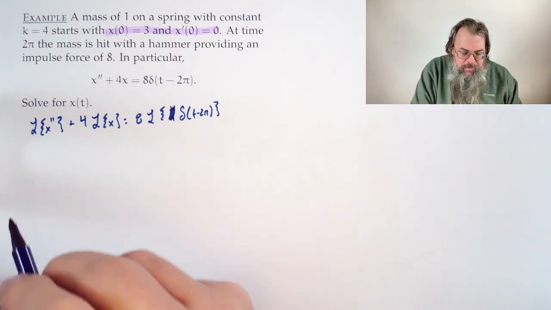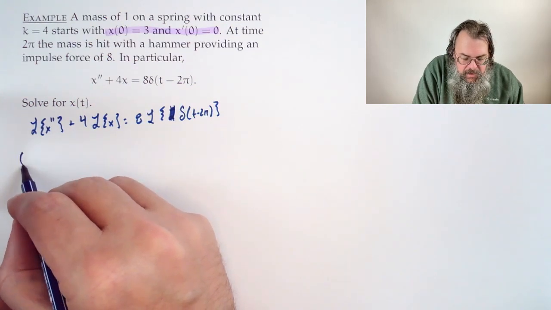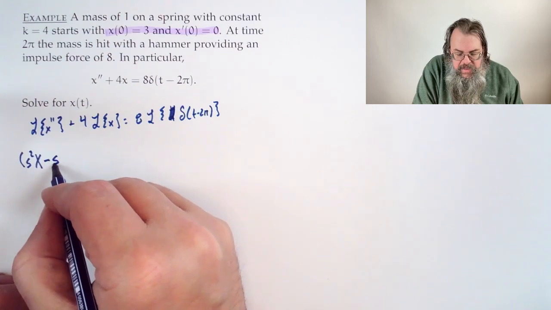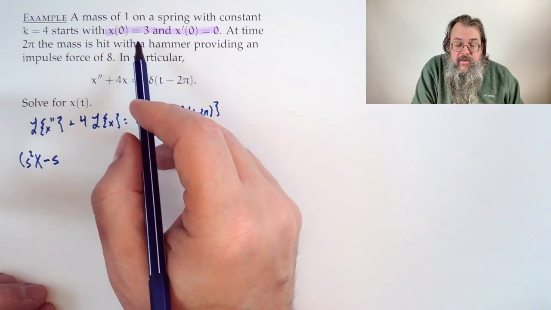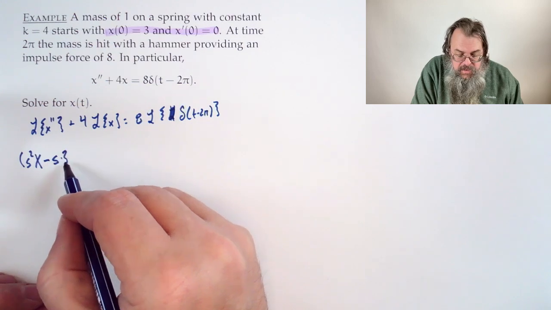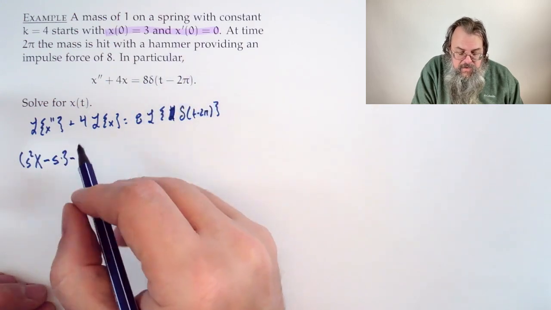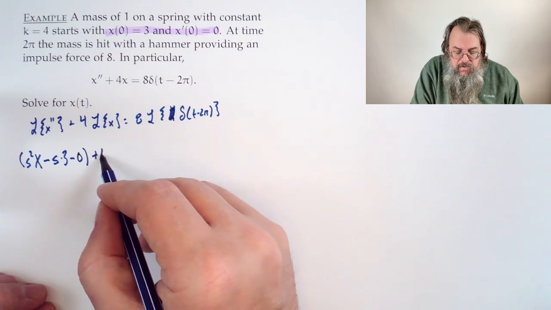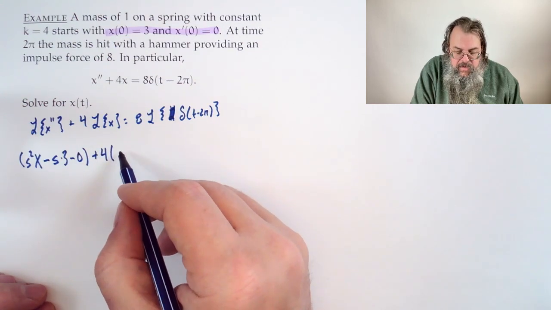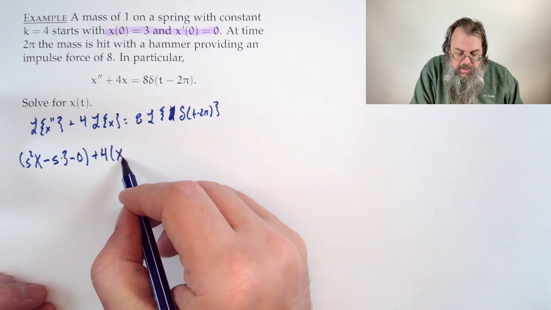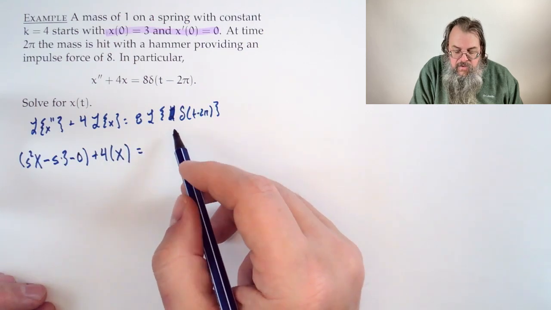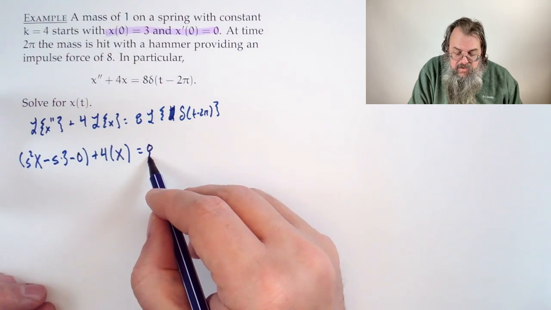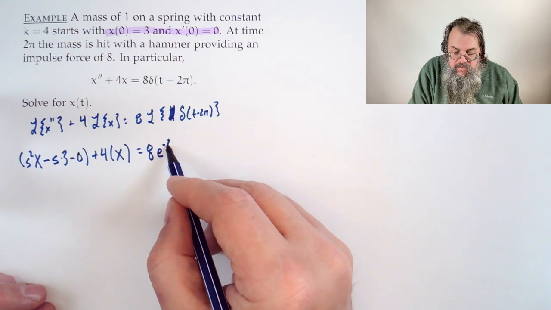Okay, so x double prime, that becomes our s squared capital X, subtract s times x0, which is 3, subtract x prime, which is 0, plus 4 Laplace of x, which is capital X, is equal to, now Laplace of the delta function, well, that's just 8 e to the minus 2 pi s.